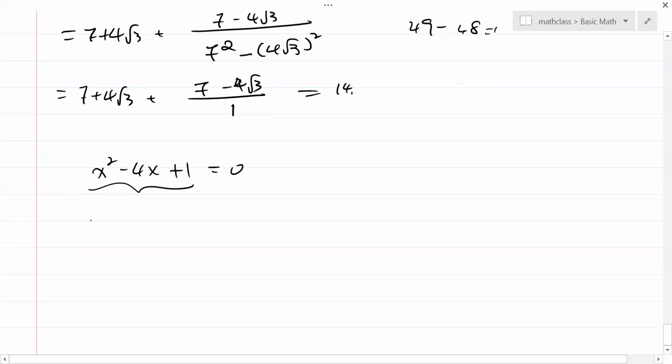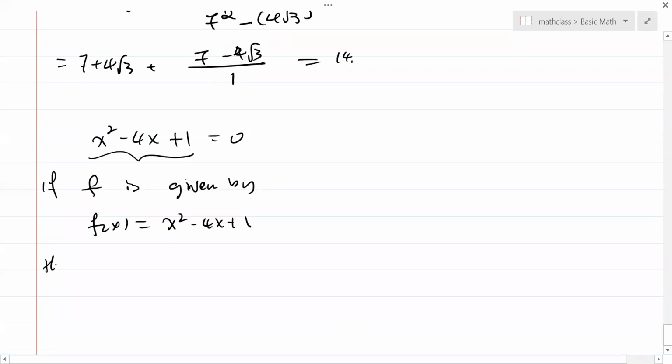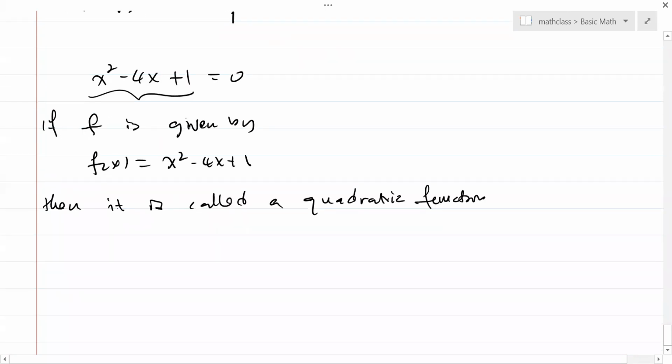So if f is given by f of x equals x squared plus 4x plus 1, then it is called a quadratic function. We're going to study more in the future.